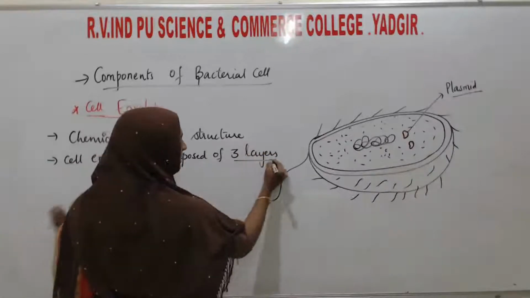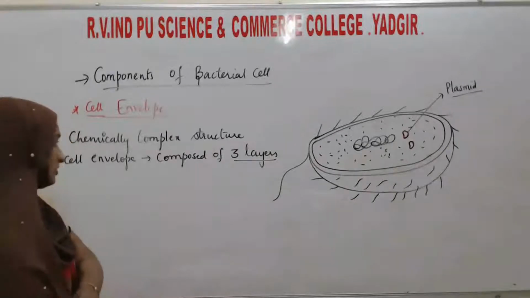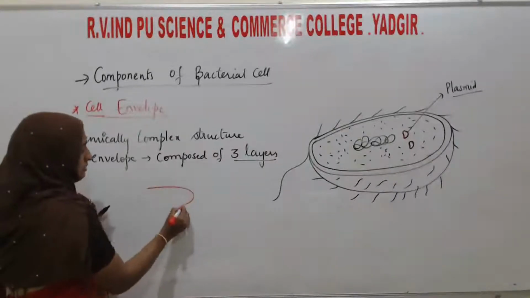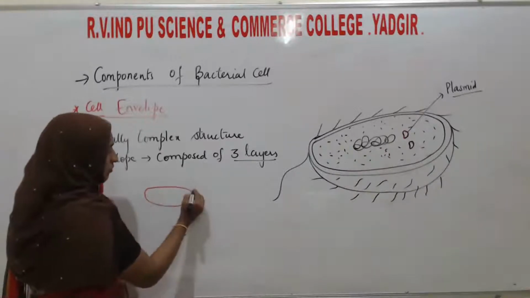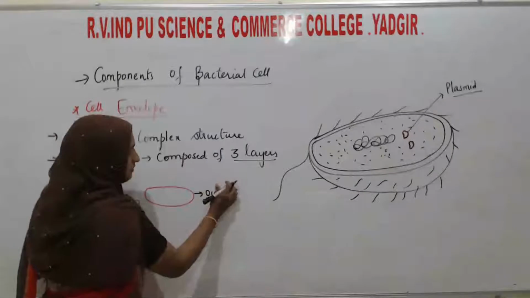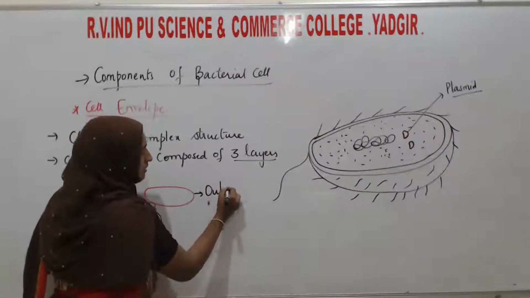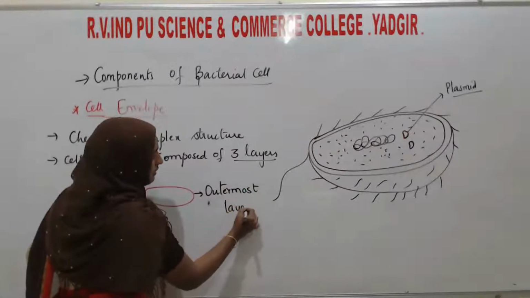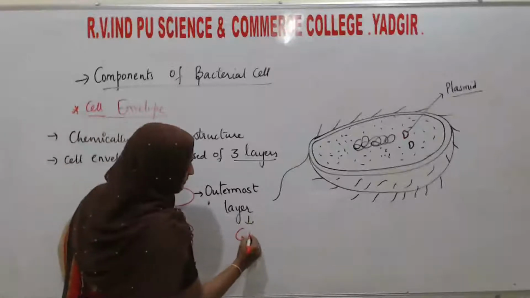And what are the three layers in the prokaryotic cell? The outermost layer of the cell envelope is known as the glycocalyx.